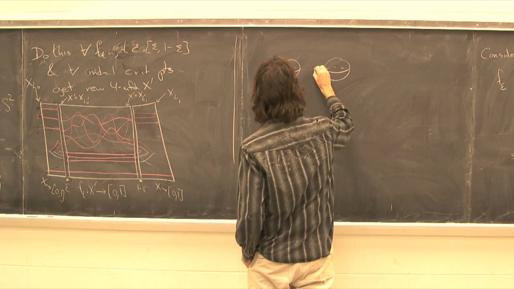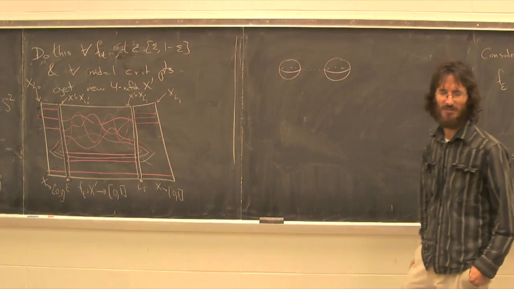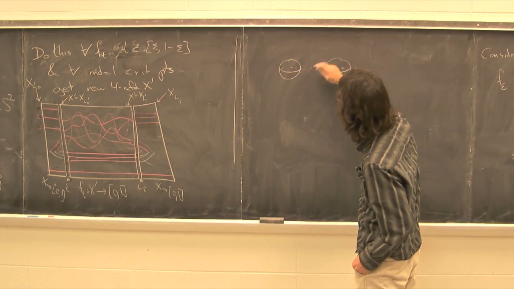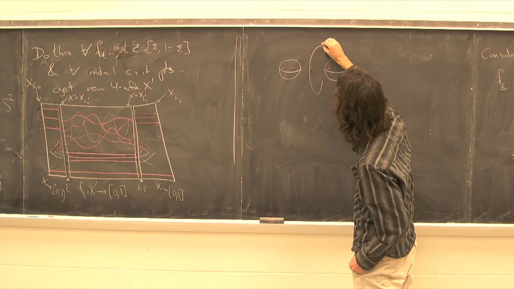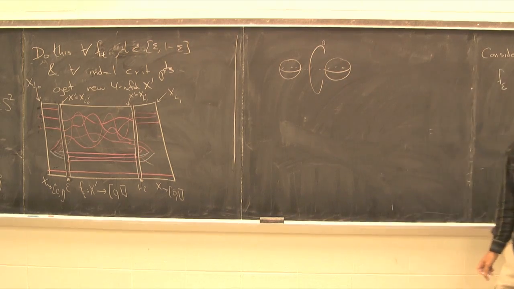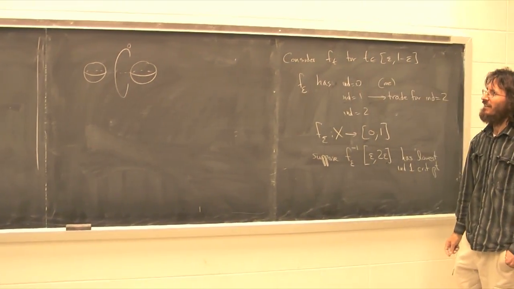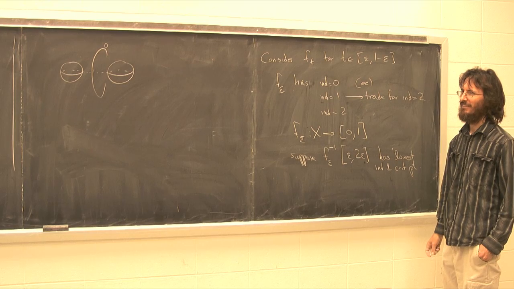We draw a little dotted line between them to indicate that they're identified. The best way to think about where that unknot is, is right there.